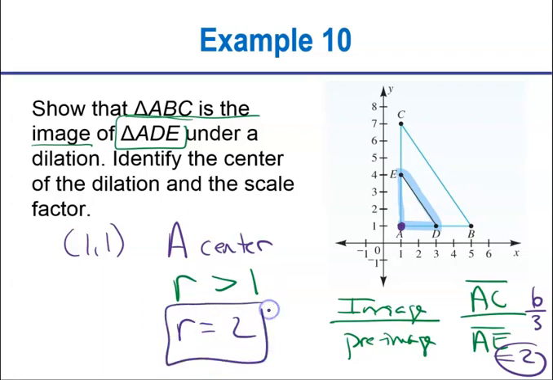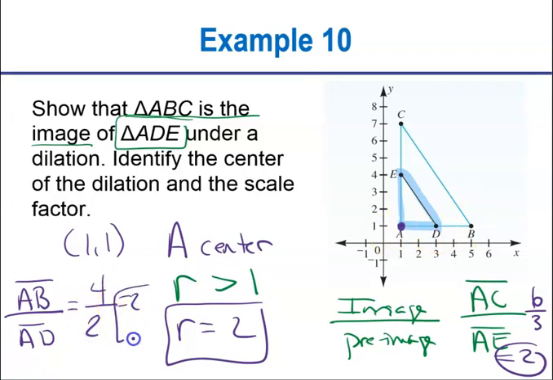Now, I highly suggest checking other proportions or ratios as well. So if I looked instead at AB, which is my image, working on the left side now, compared to AD, my original. AB is how long? From 1 to 5, so it's 4. And AD goes from 1 to 3, that's 2.